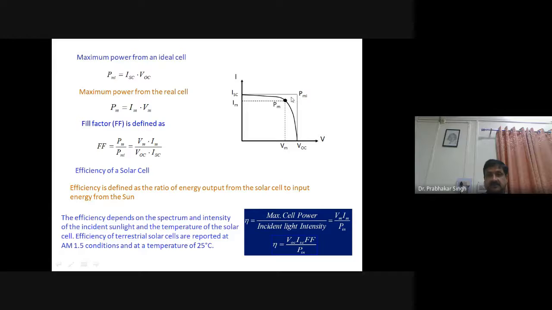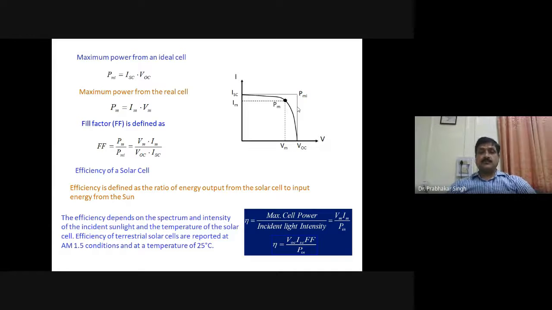This region is basically showing you that the closer you are to this point, the more your efficiency will be. This means that you will be able to deliver and receive more power from the solar cell, and this enhances your efficiency too.